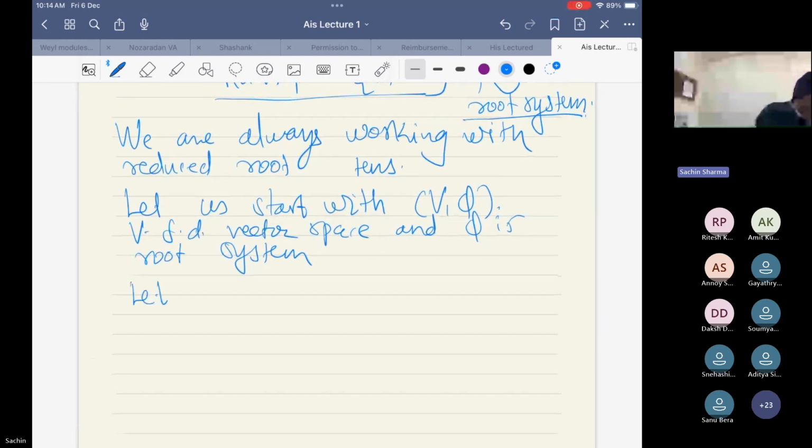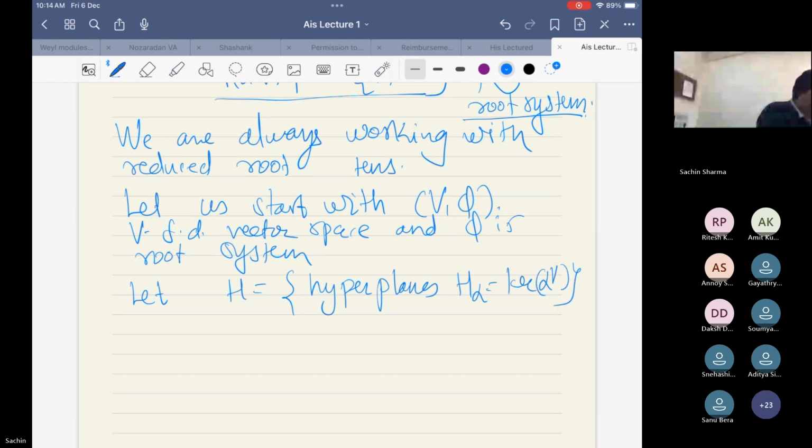Let H be the set of all hyperplanes H alpha, which is nothing but the kernel of alpha check, where alpha belongs to R.